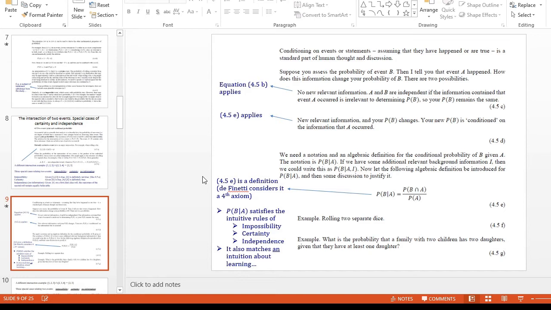Now, depending on which textbook or which type of probability you're working with, this might be considered a fourth law of probability. So the mathematician de Finetti considers conditional probability, equation 4.5e, to be a fourth law of probability, or a fourth axiom.